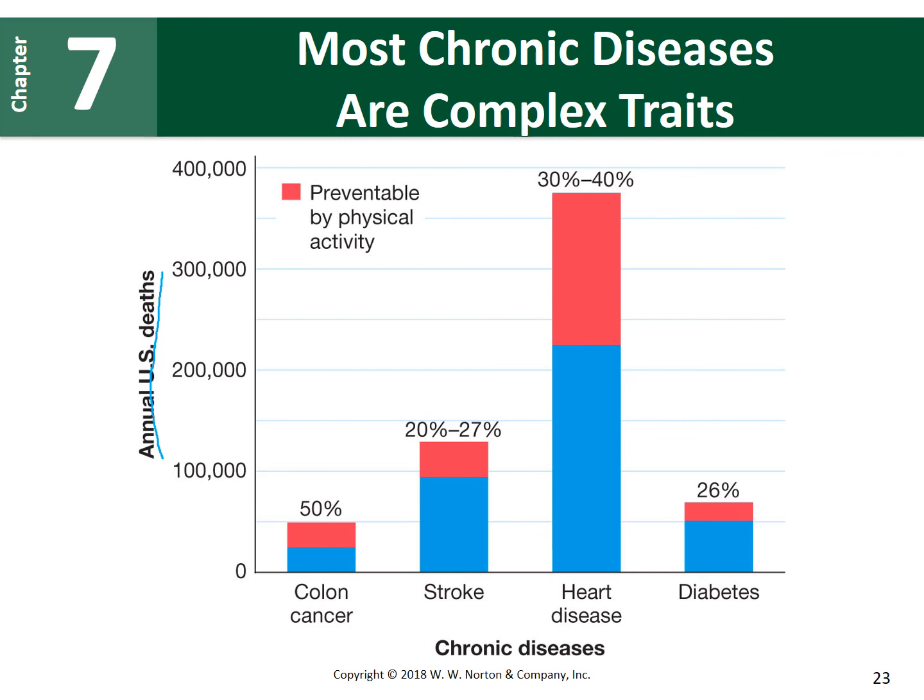And you can see a lot of these diseases, about anywhere from 50% to like 20%, can be prevented by physical activity or looking at diet. So that environment can play a huge part in a lot of chronic diseases.